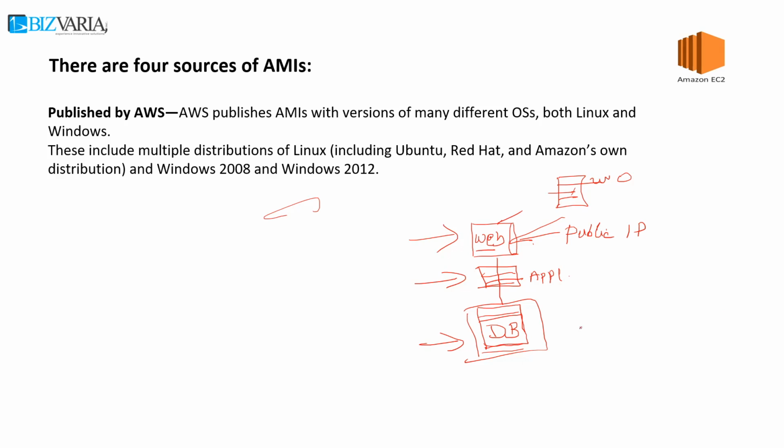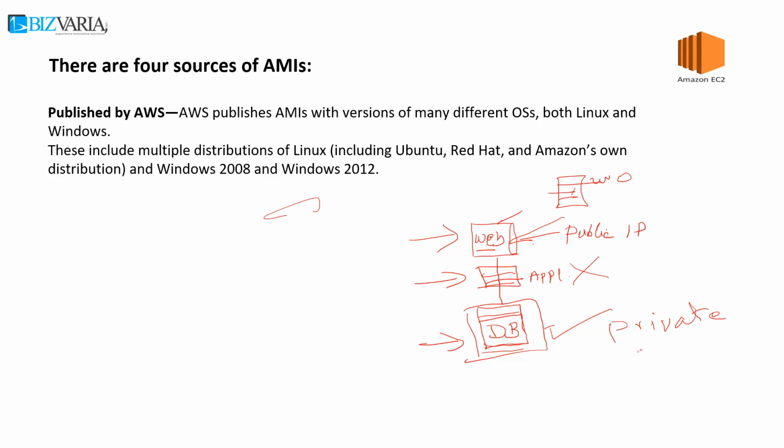I guess that's an app server, yeah? No. Okay. Database? Yes. The most important thing from the business point of view is your database. So this database server will be sitting on a private IP address.